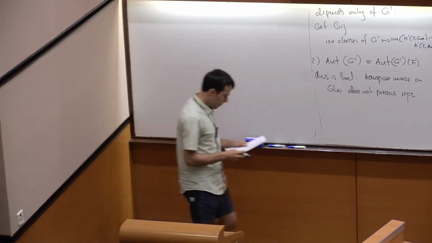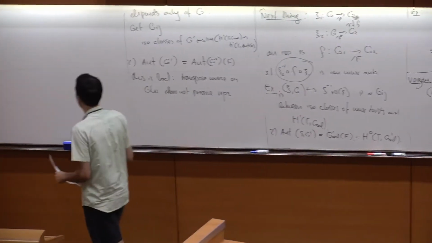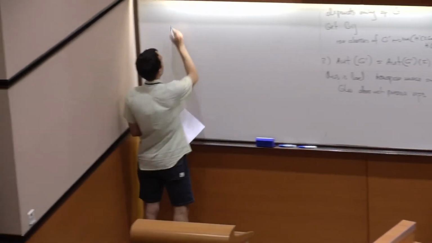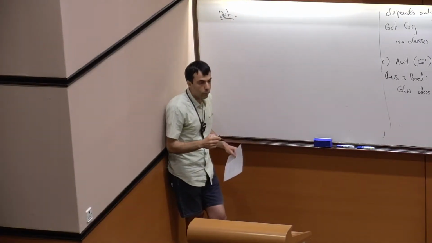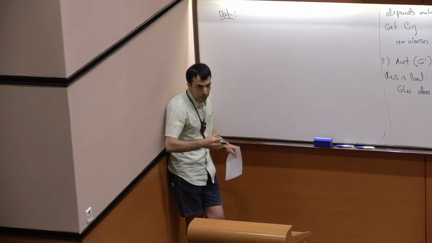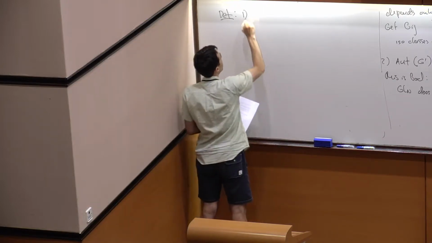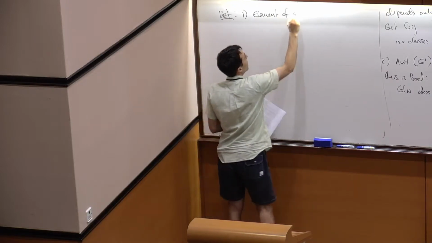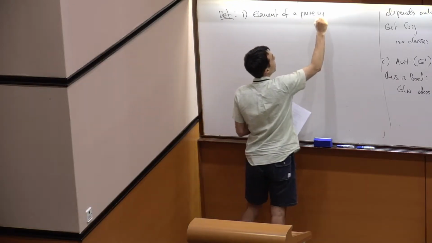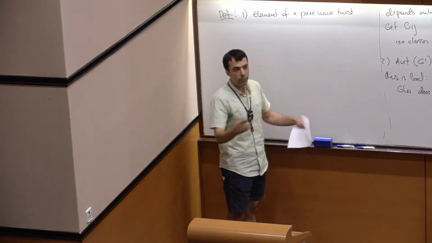So here is how you proceed once you have the notion of pure inner forms. You're going to introduce the concept of an element and a representation of a pure inner twist. So an element of a pure inner twist is going to be a pure inner twist together with an element of it.